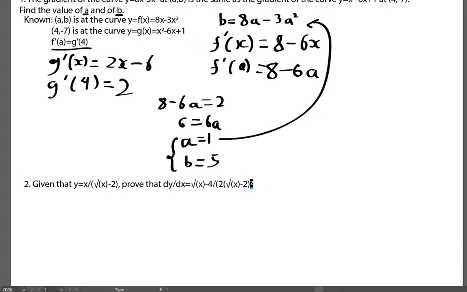There we go. I hope that's pretty clear.